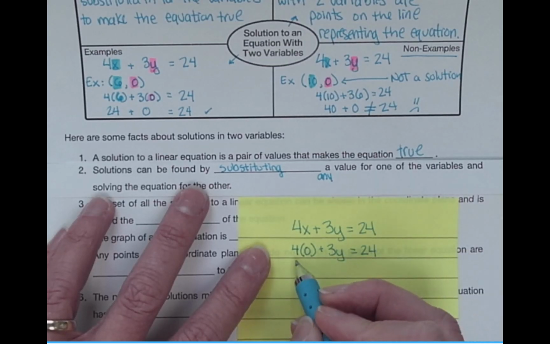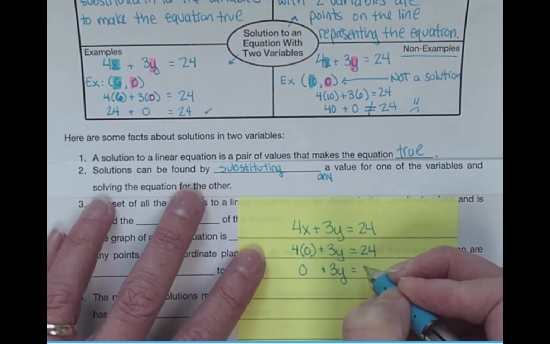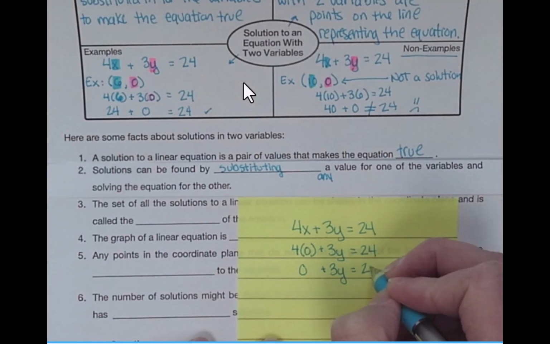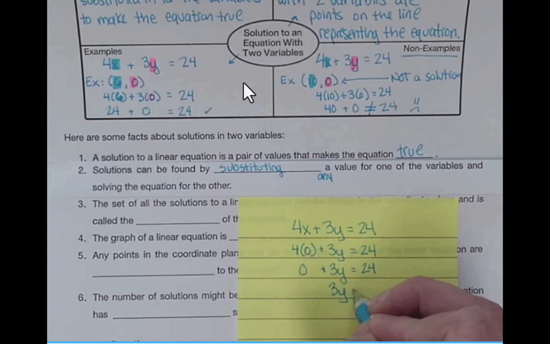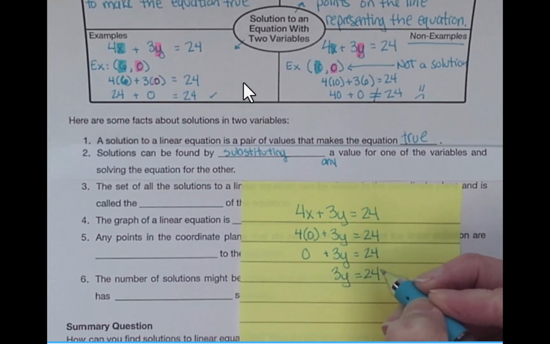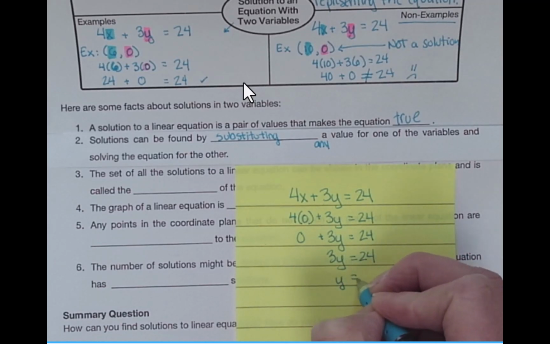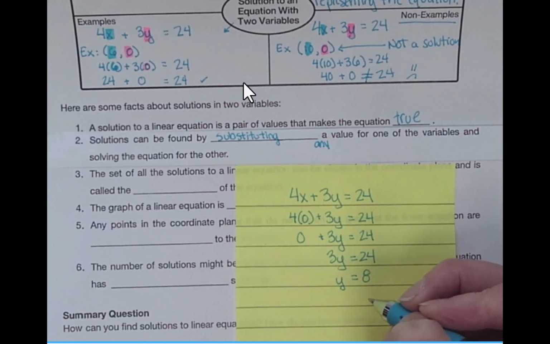Let's see what happens. So 4 times 0 is 0. 3y equals 24. So if 3y equals 24, what times 3 is equal to 24? If I divide both sides by 3, I wind up with 8. Well, let's look at what we really did there.